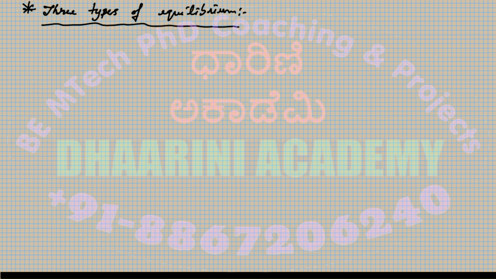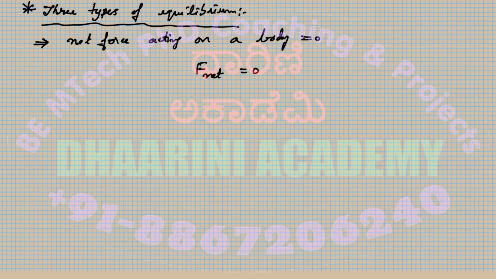Now, fine. So what is the condition for equilibrium? A body is said to be in equilibrium if the net force acting on the body is equal to 0. So equilibrium means the net force acting on a body equal to 0. So that means I can write F net equal to 0. Right. But let us assume that the forces are conservative in nature.